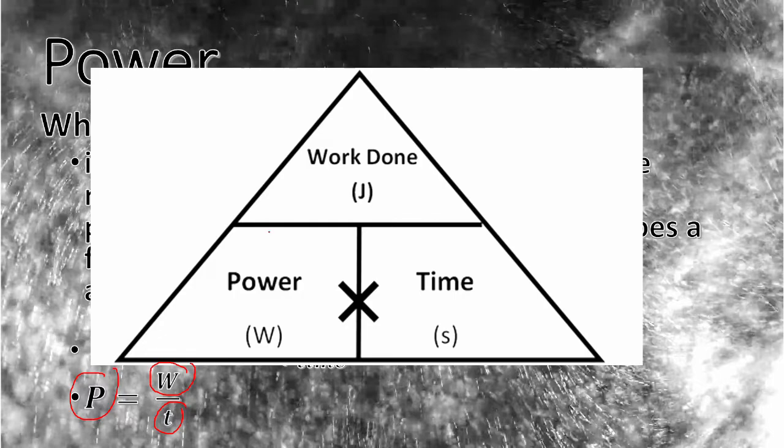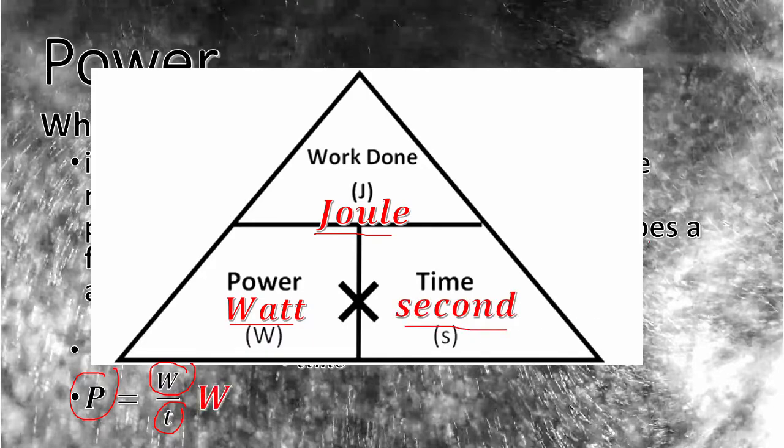So if you're going to derive the formula for power, work done, and time: power has a unit of watt, work has a unit of joule, and time is in seconds. So watt, the other unit for power, is joules per second. As the formula goes, we have work, so joules over second.